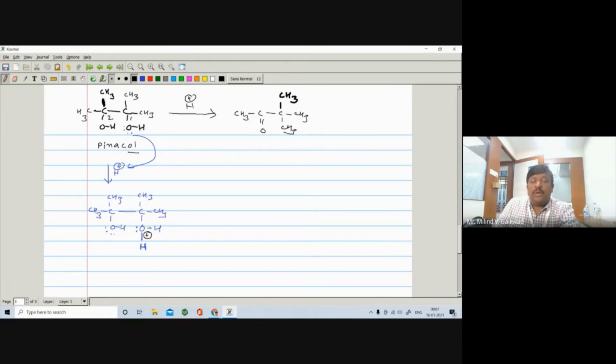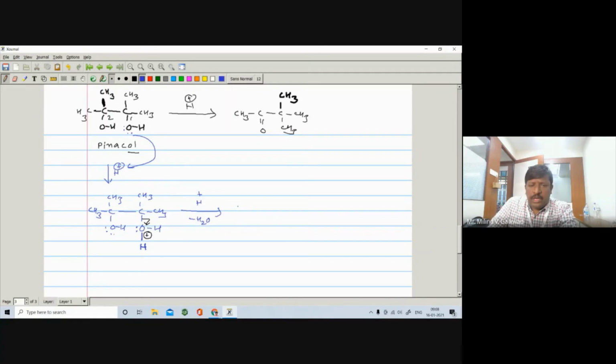Further, you have to neutralize this positive charge. So this sigma bond will open on this carbon. There is a removal of water in the presence of acid, H plus. So with the removal of water, the carbon becomes positive. So you can write the corresponding carbocation, and then you can write the next reaction.